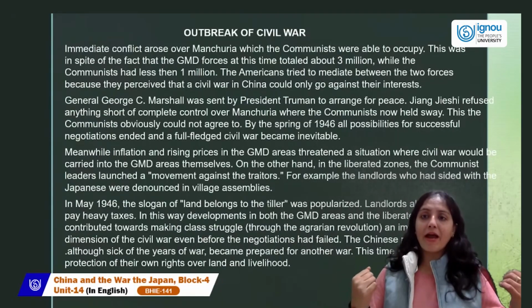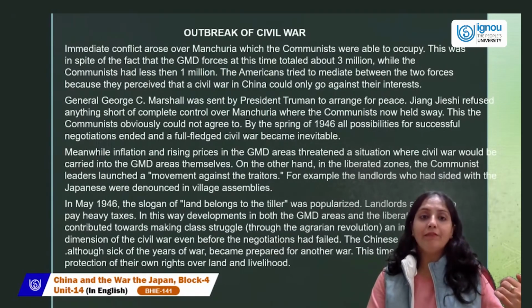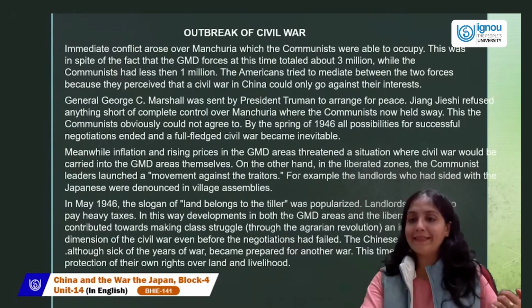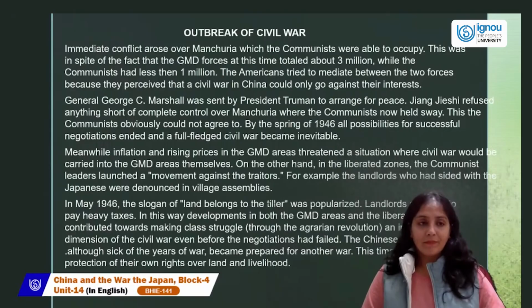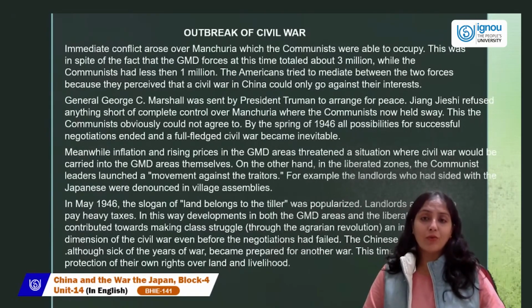The Americans tried to mediate between the two forces because they perceived that a civil war in China could only go against their interests. General George C. Marshall was sent by President Truman to arrange for peace in China.